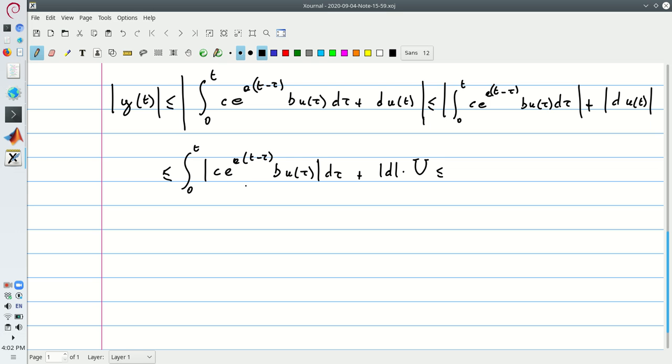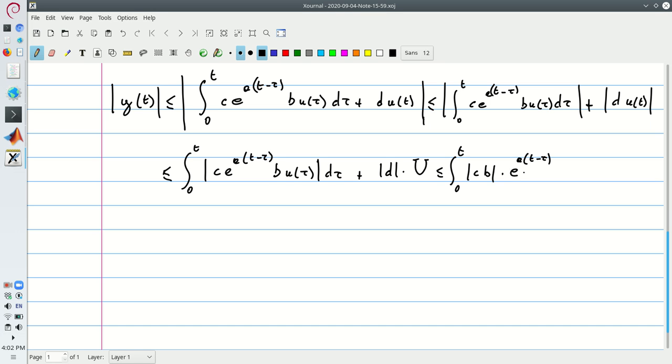So in this integral we have that the exponential is always a positive quantity. So we can write this in the following way. Integral between 0 and t, and now we want to write an upper bound for this absolute value. We take the absolute value of c times b times the absolute value of the exponential, but the exponential is always positive, so we have no problems removing the absolute value there.